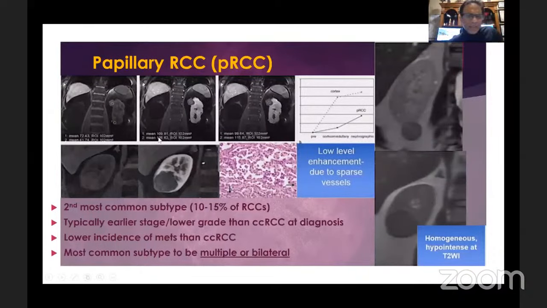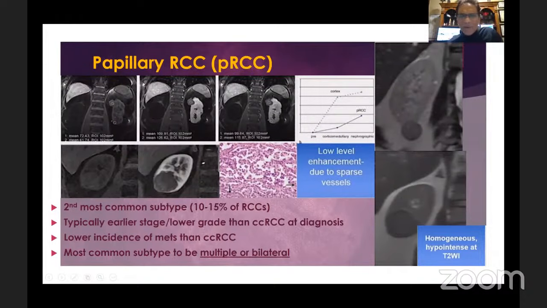Here, in this patient, there are multiple lesions. You can see one lesion on right side, which shows typical appearance of papillary renal cell carcinoma, which is low enhancement and it is low signal intensity on T2-weighted images, whereas we could see another lesion in the other kidney, which had similar features, whereas third lesion, which was there, was a simple renal cyst.